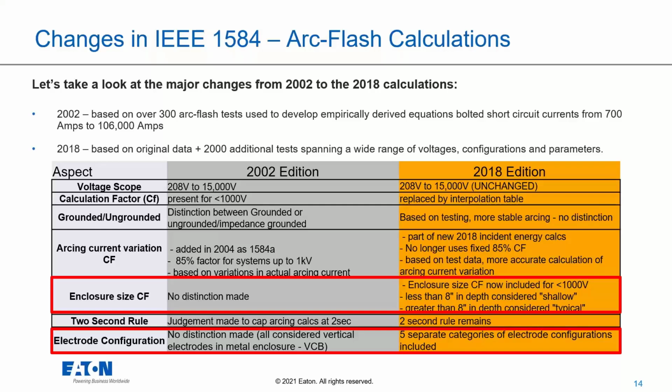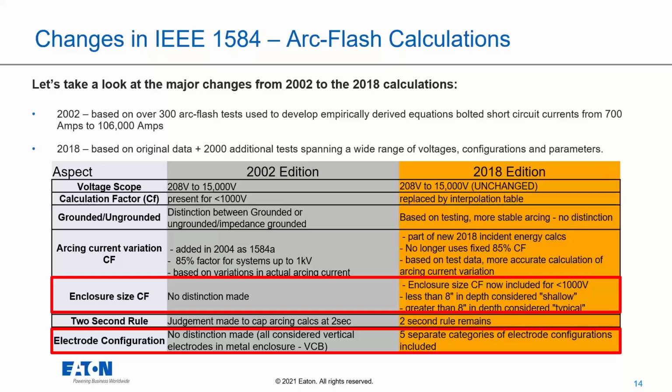You can think of the enclosure a little bit like a backboard or even like the barrel of a gun, where the arc energy is going to push outwards towards the user, compared to where there is no enclosure and it won't be pushed out in any specific direction.